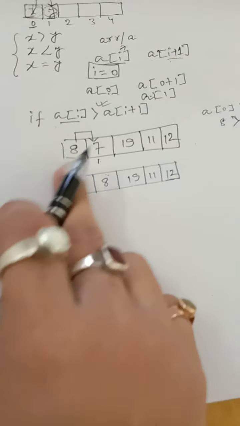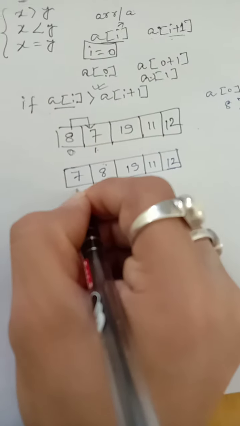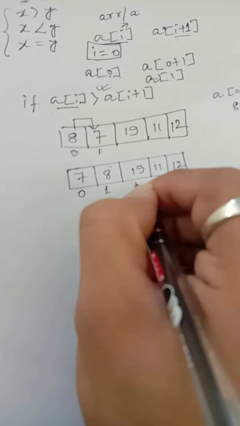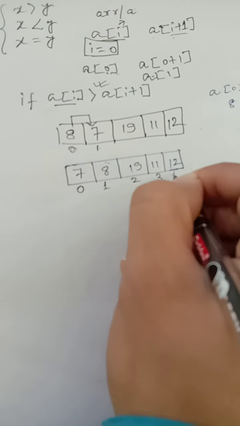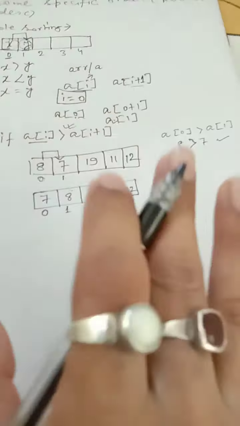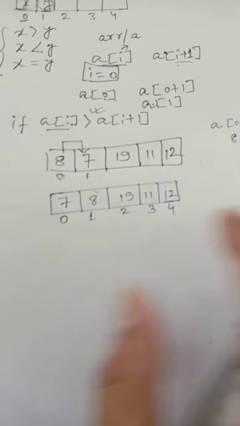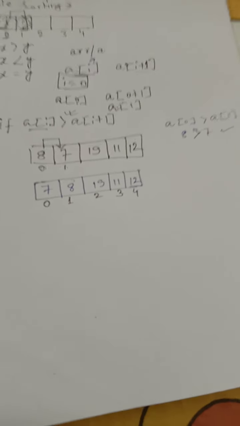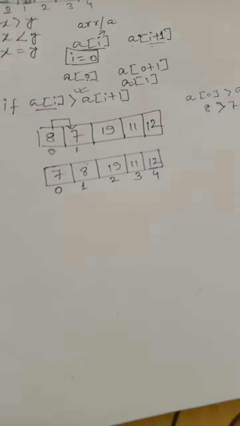So after swapping the values, 7 will be placed in 0th position, 8 will be placed in 1, and 19, 11 and 12 are all placed in their relevant places. Now what actually happens after this first exchange is done?